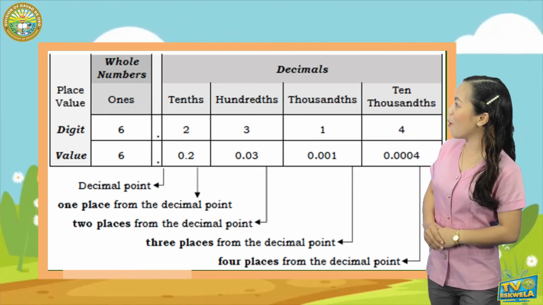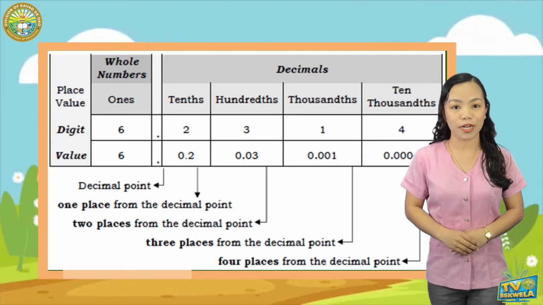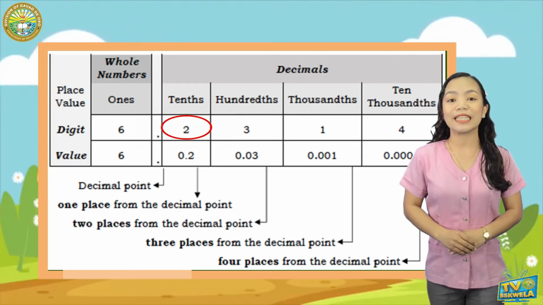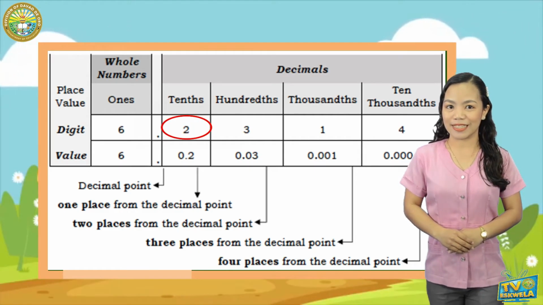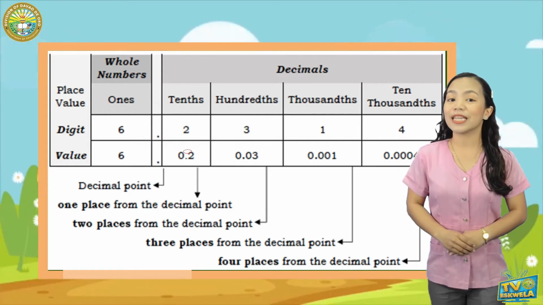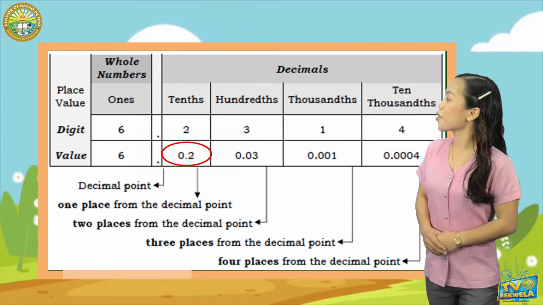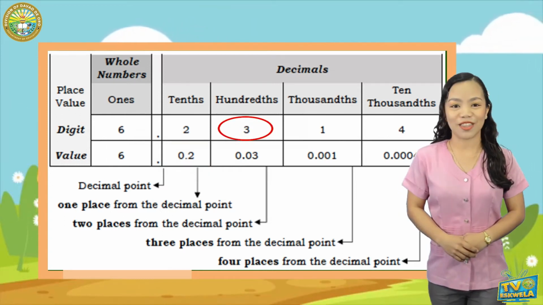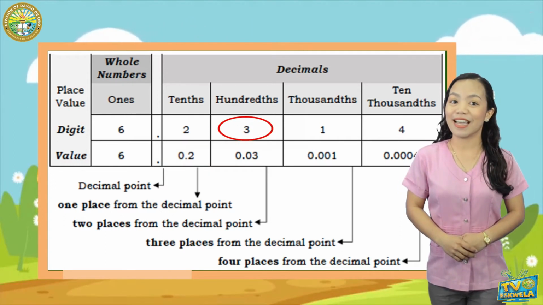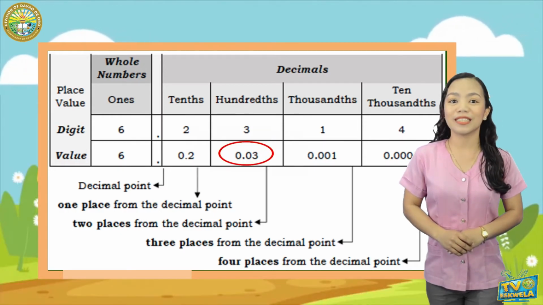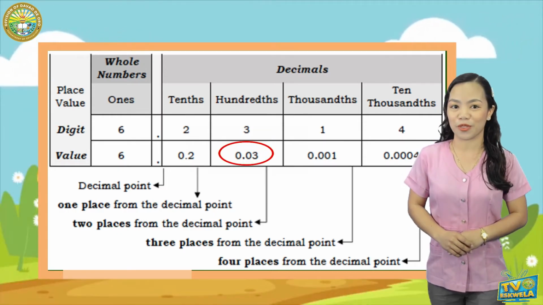In 6.2314, 2 is in the tenths place. Its value is 0.2. 3 is in the hundredths place. Its value is 0.03.